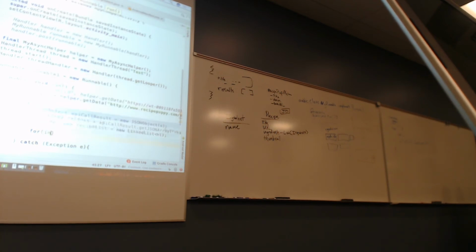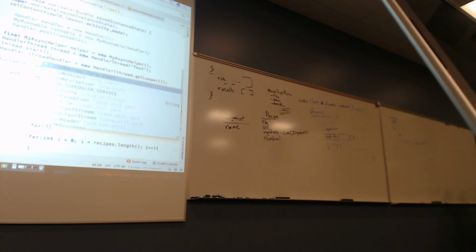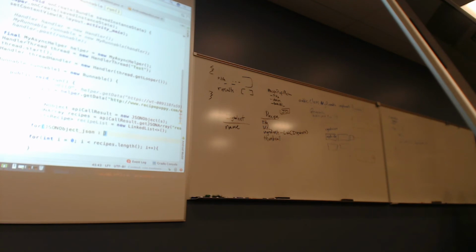Sorry, JSON array doesn't support for each, so you have to do int i equals 0, i is less than recipes.length. Can you cast it to a list and then for each it? I don't think you can do for each on a JSON array.